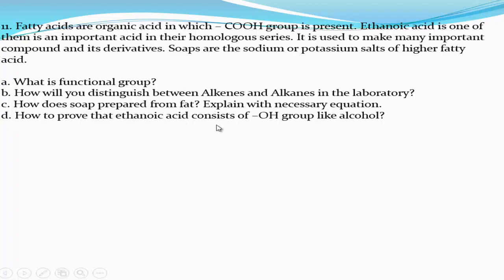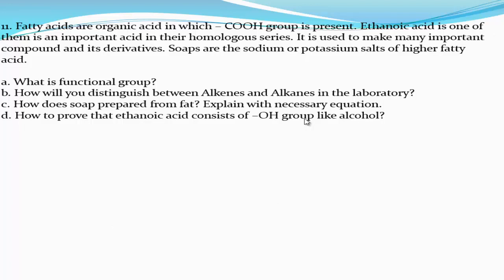How to prove that ethanoic acid consists of a hydroxyl group like alcohol. Actually this is not included in your chemistry book. When ethanol reacts with phosphorus trichloride, ethyl chloride is produced.